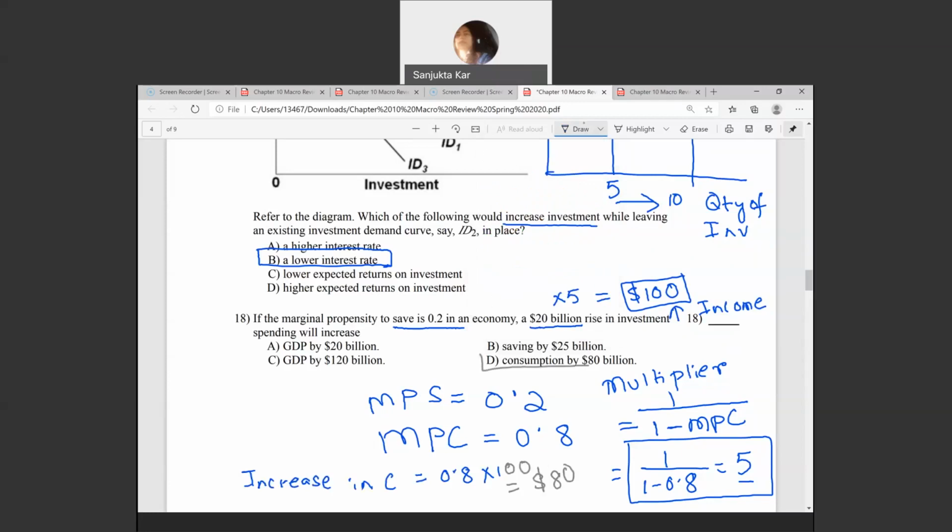So this question is tricky. This is going to be the answer to this question. Hope this makes sense. Let's move on to the next one.